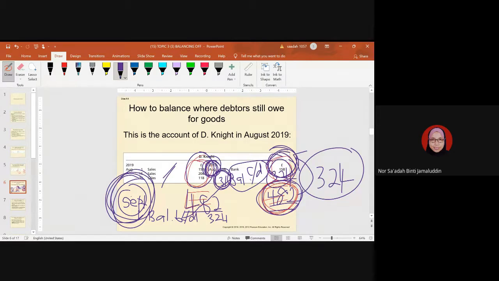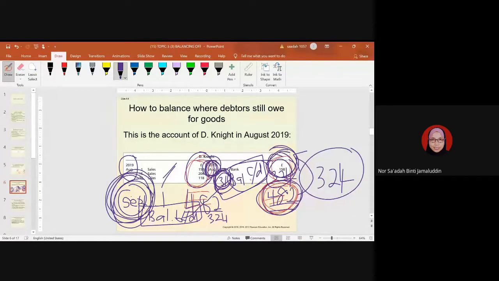Let's say the current month is July. So the next month here is August. And the date must be the first day of the new month. Okay. For the balance BD. For the carried down, okay, it is the last day for the current month.